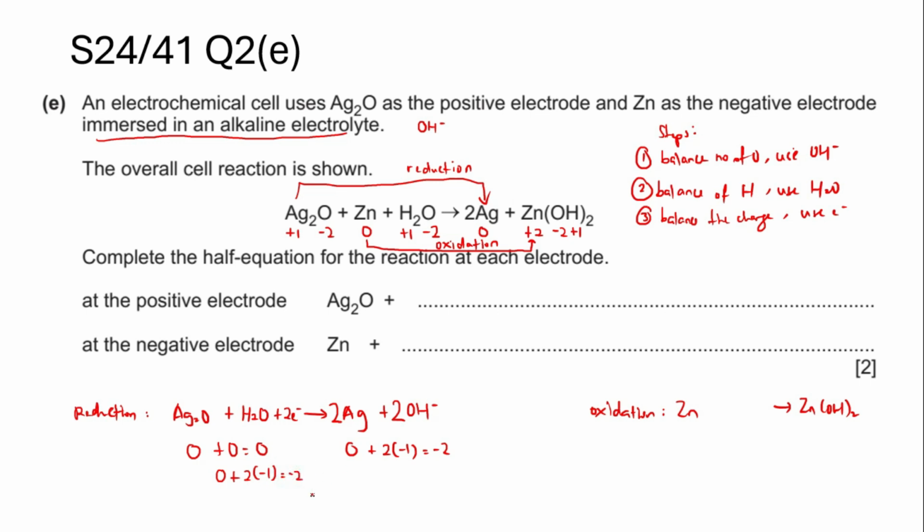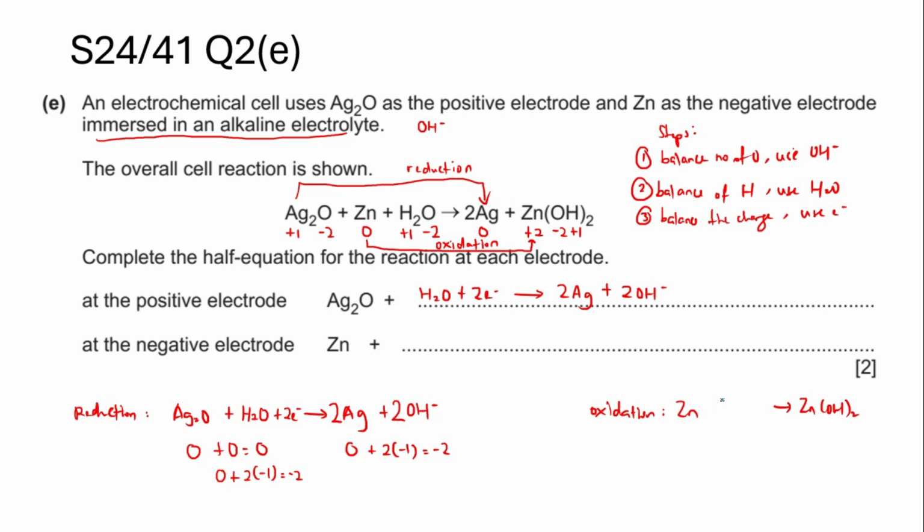The charge on both sides are balanced. This half equation is balanced. We can now write this half equation in the space given. Silver oxide with water, 2 electrons, right hand side 2 silver and 2 hydroxide ions.